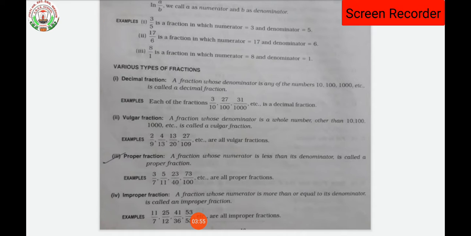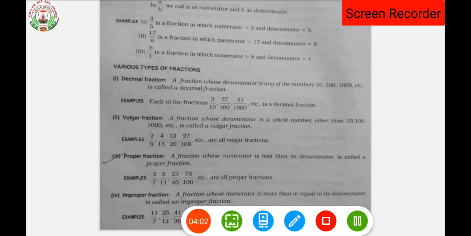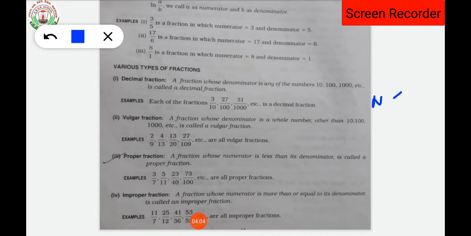A proper fraction is a fraction in which the numerator is always less than the denominator. Always remember that the numerator is always less than the denominator. You always have to remember this. Then there is no need to study the definition if you remember this.